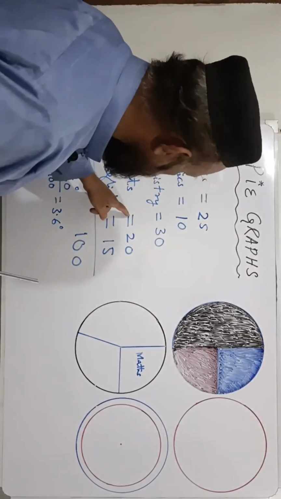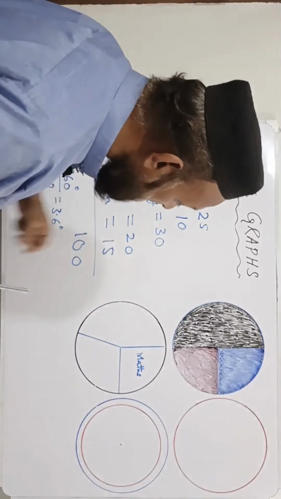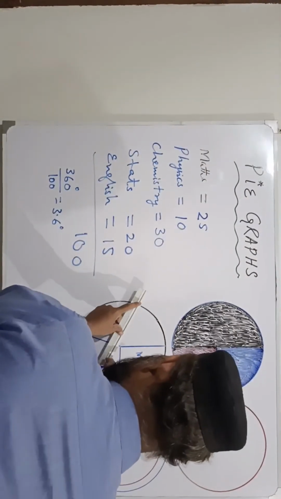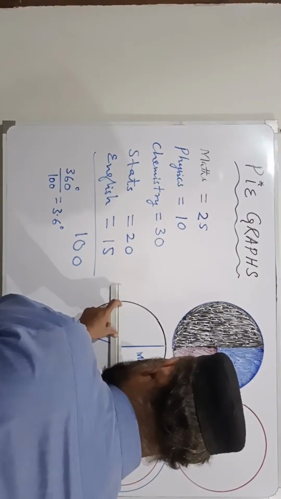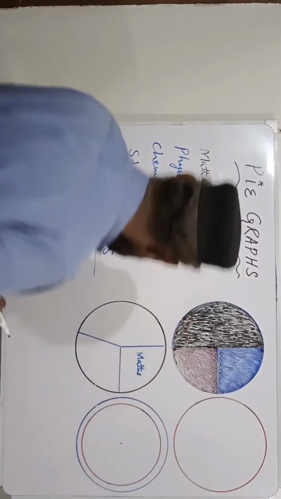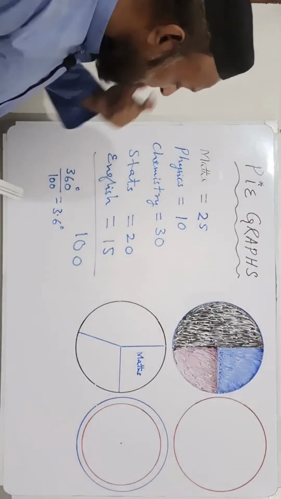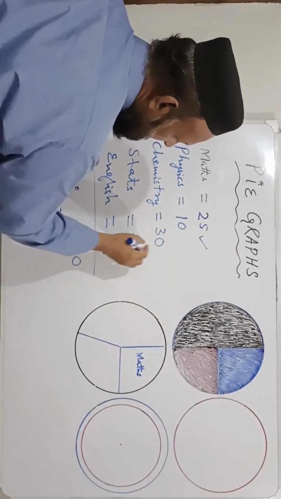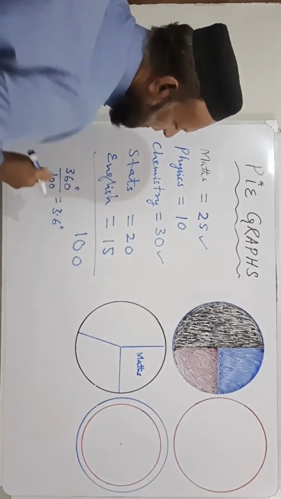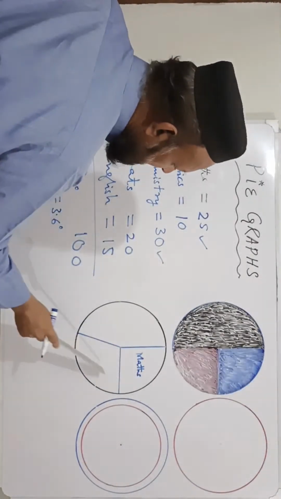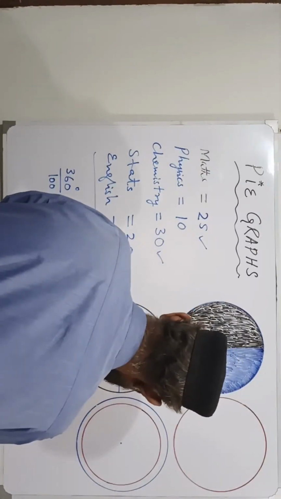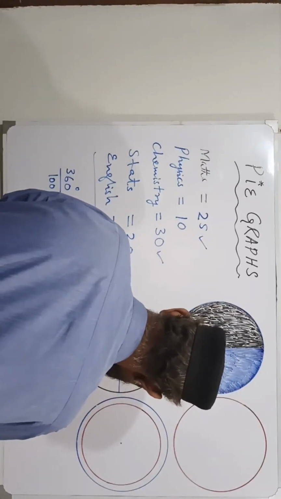The stats is 20%. So 20% will be, okay, we have to be very smart. We have made this, we have made this. Okay, so this is 25, this is 30, chemistry.